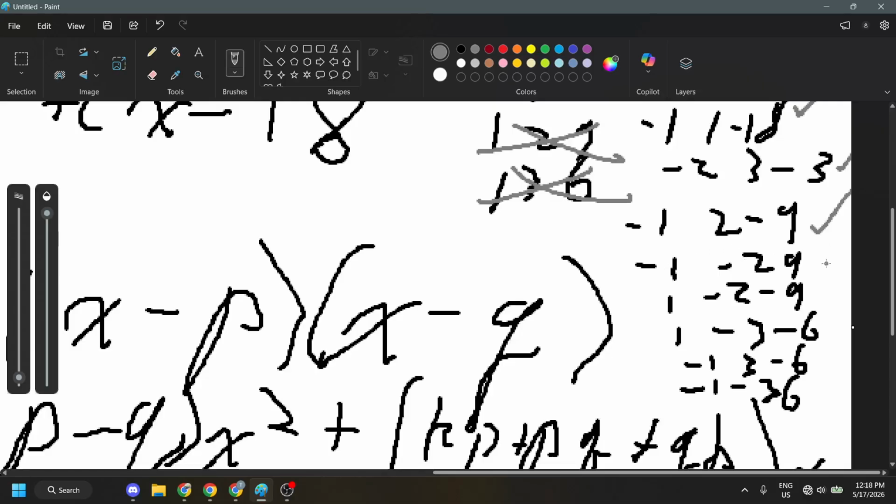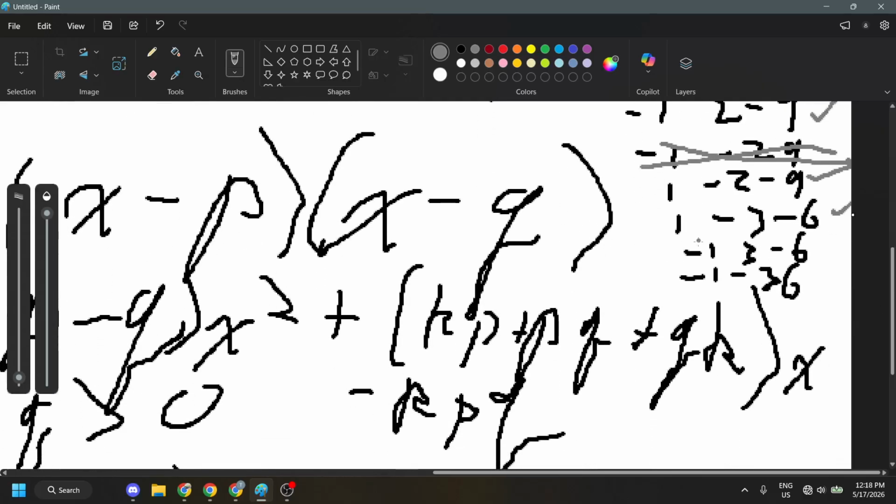1 plus 2 minus 9 does not work. Negative 1 plus 2 plus 9 works. Negative 1 plus 3 plus 6 works. Plus 1 plus 6 minus 3 works. And then plus 1 plus 3 is 4, so this one doesn't work.